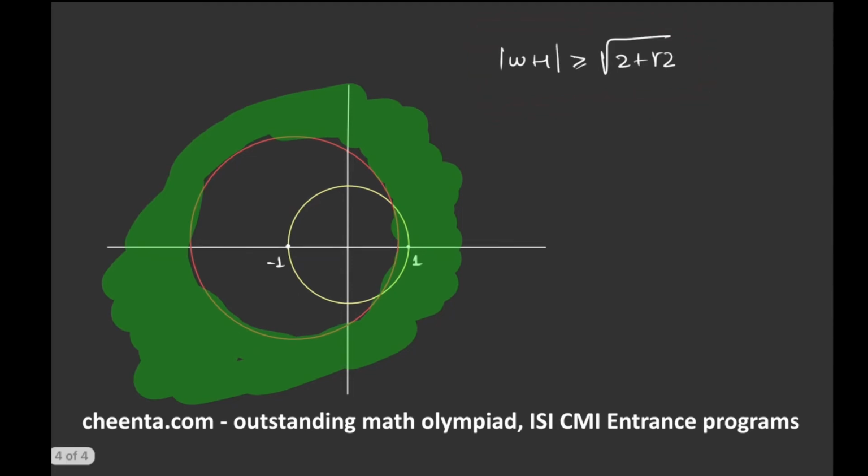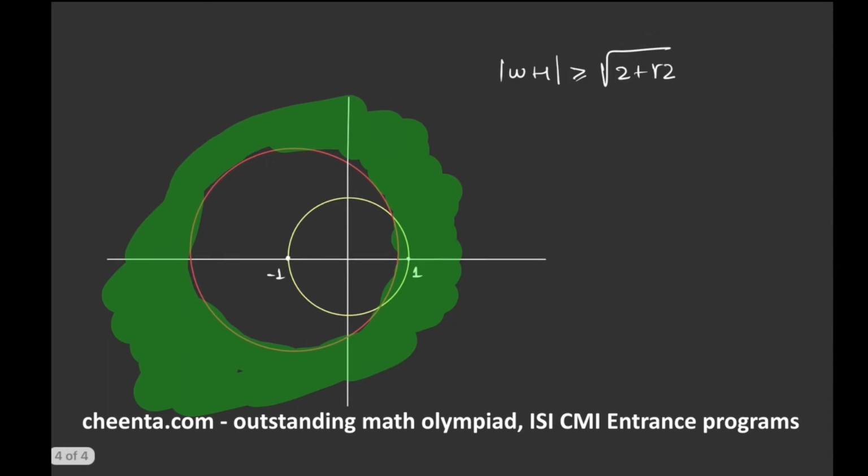But what we actually need is all the roots of the equation x to the power 2019 minus 1 satisfying this inequality, and as we know, those roots lie on this yellow circle. So we need to make use of the properties of circles and triangles to trace out this angle, that is, this angle.